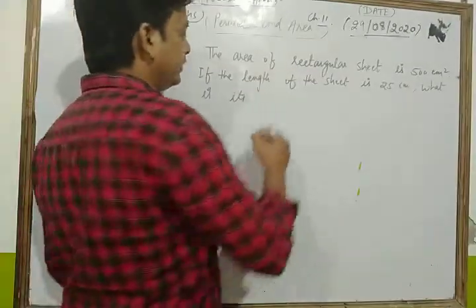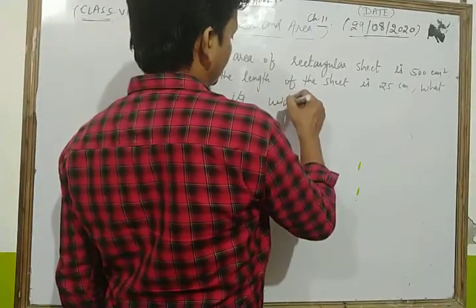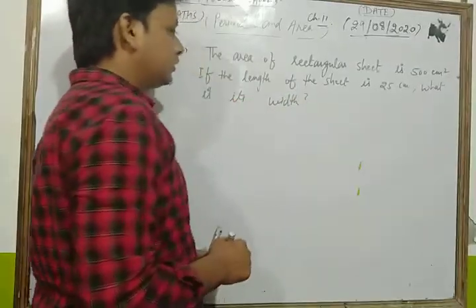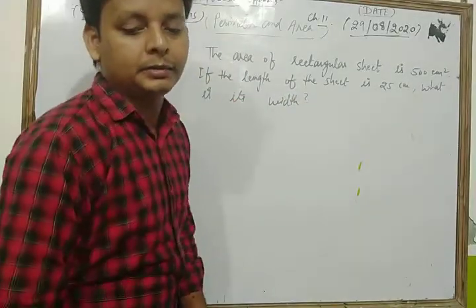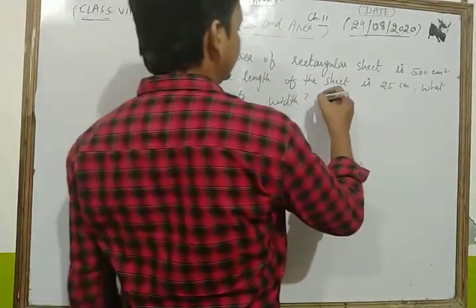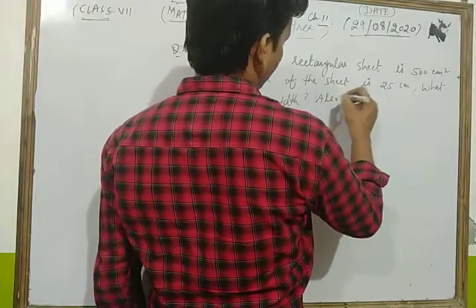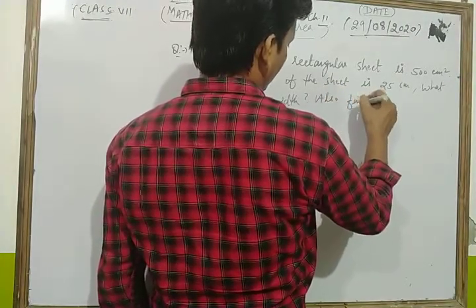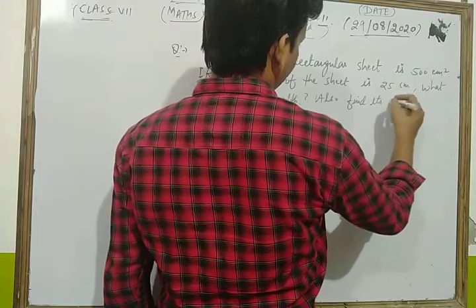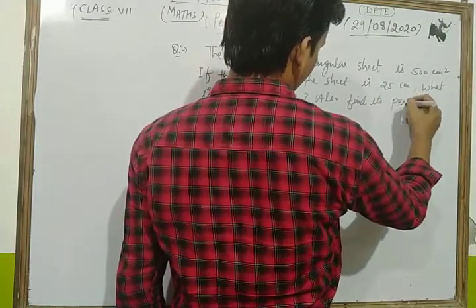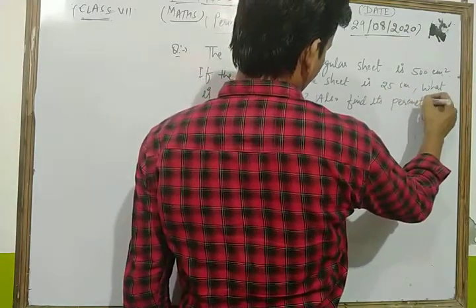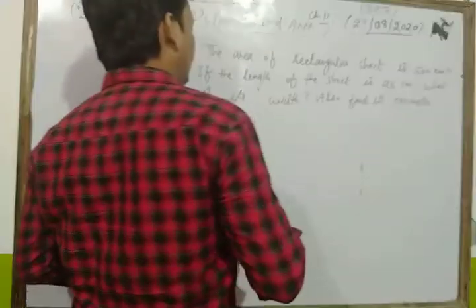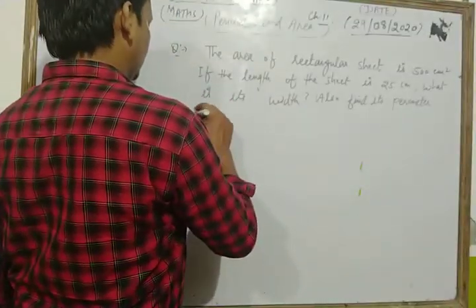Also find the perimeter of the rectangular sheet. Let's see its solution.